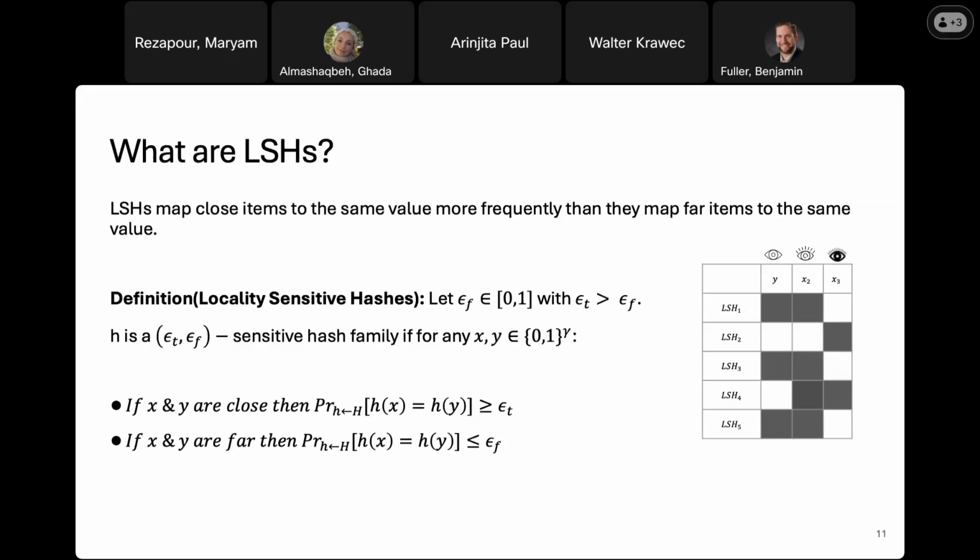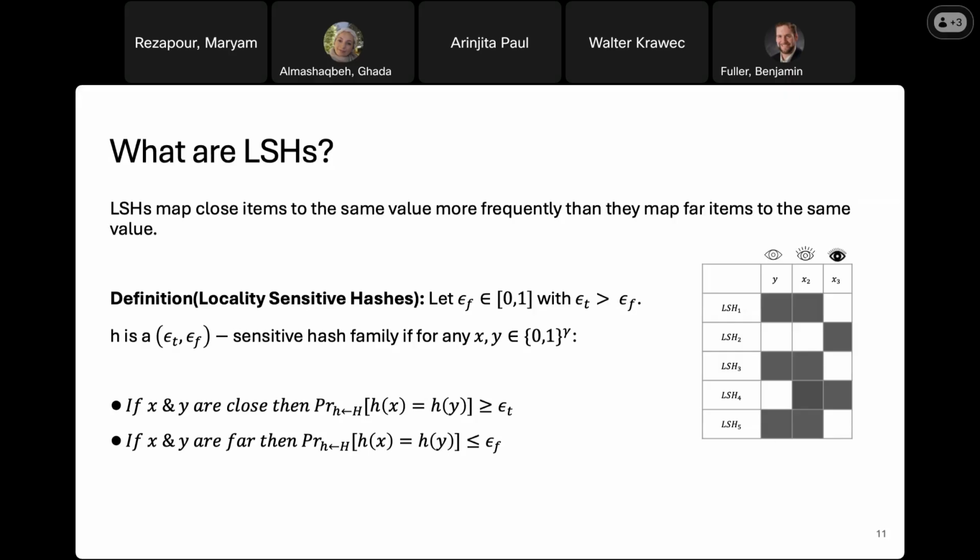So if x and y are close, then the probability of the evaluation of LSH h over x being equal to h over y is greater than some epsilon t. And if x and y are far, then the probability of having h of x be equal to h of y should be less than some value epsilon f, with the condition that epsilon t is always strictly greater than epsilon f.